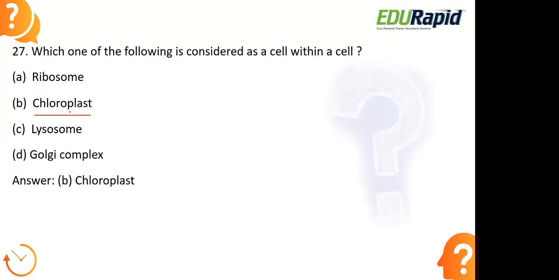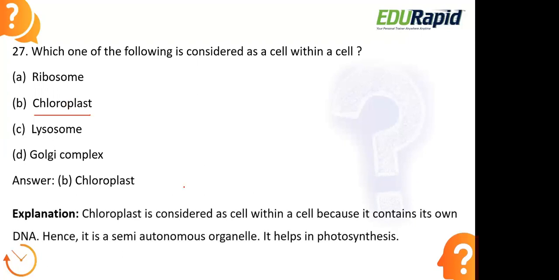This is semi-autonomous in nature, a semi-autonomous organelle. What do we mean by semi-autonomous now? Semi-autonomous is the one which can synthesize its own DNA. Organelles which consist of their own DNA can be called semi-autonomous organelles. Organelles are the ones which are present in a cell.